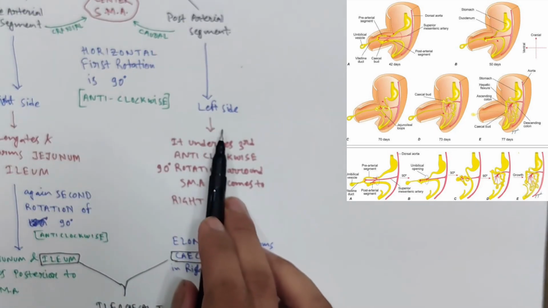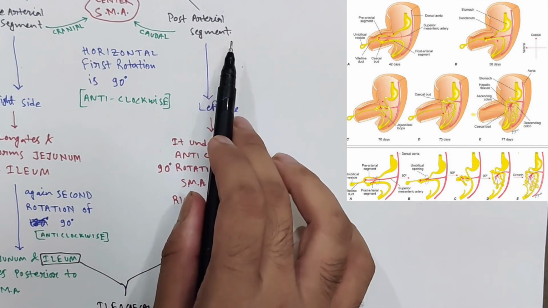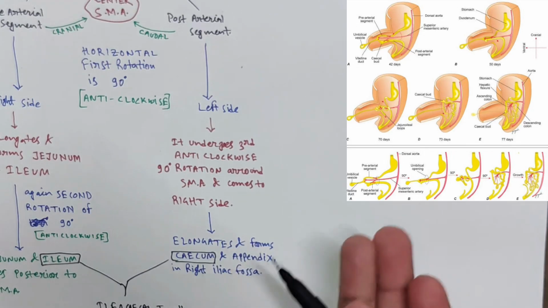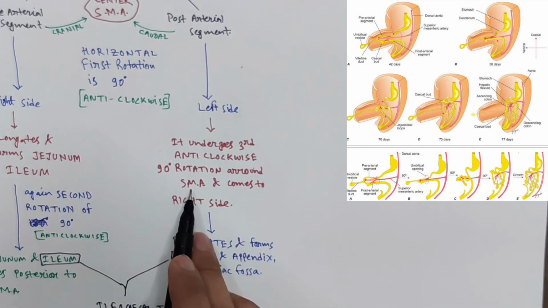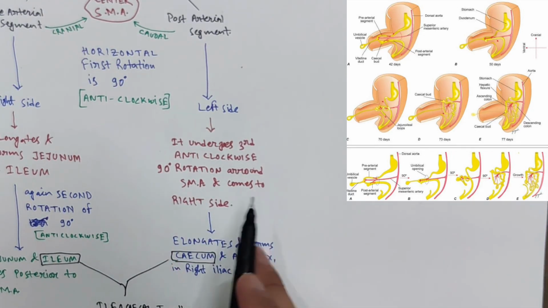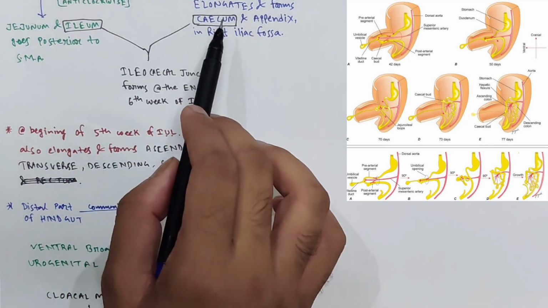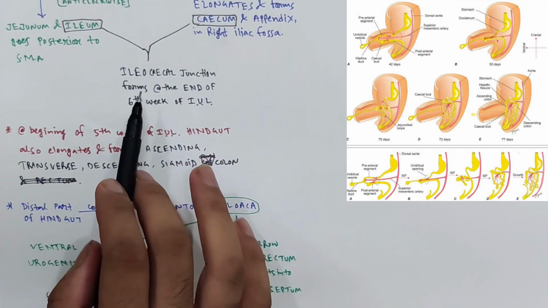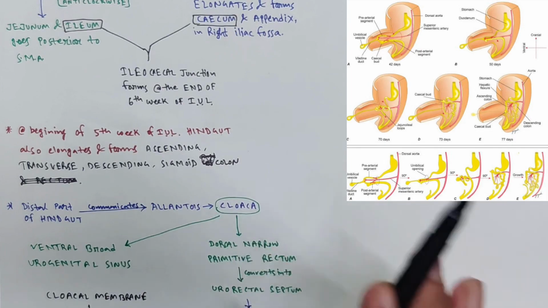Now on the left side we have the post-arterial segment of the midgut, which undergoes a 3rd anti-clockwise rotation around the superior mesenteric artery, and it comes to the right side again. So this part elongates and forms the cecum and appendix and lies in the right iliac fossa. Ileum enters into the cecum at the ileocecal junction. It forms the ileocecal junction at the end of the 6th week of intrauterine life.